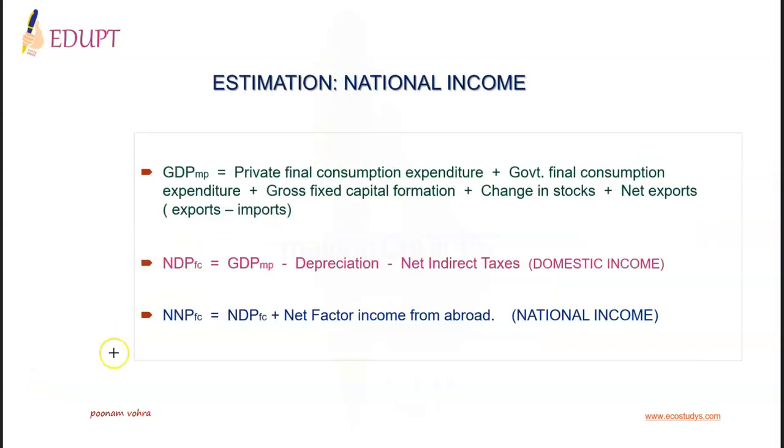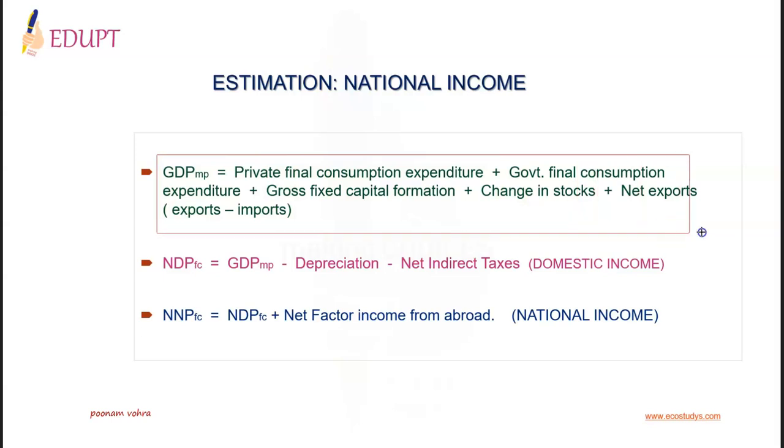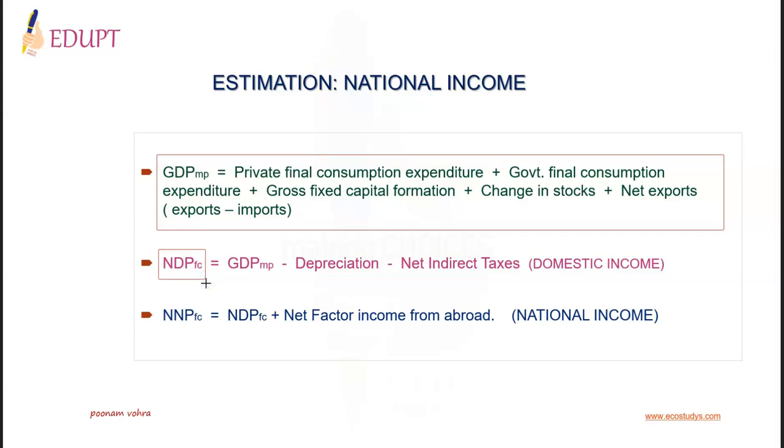In an equation form, GDP at market price by expenditure method would include private final consumption expenditure plus government final consumption expenditure plus gross capital formation plus change in stocks plus net exports. From GDP at market price, one has to find NDP at factor cost, which is domestic income.